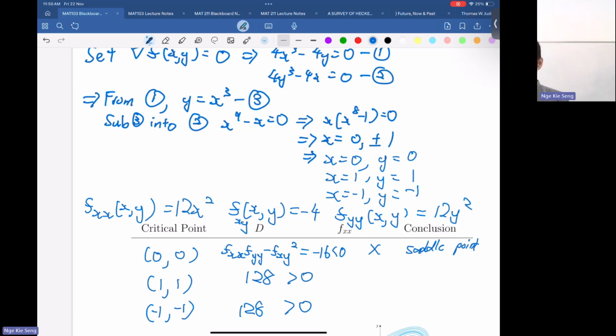What is fxx at (1, 1)? 12, which is greater than 0, meaning it is a local minimum. The other case is also 12 because it's symmetric, so it is also a local minimum.